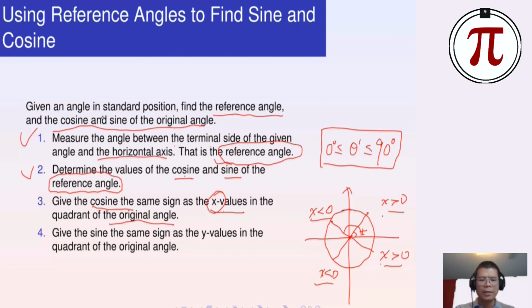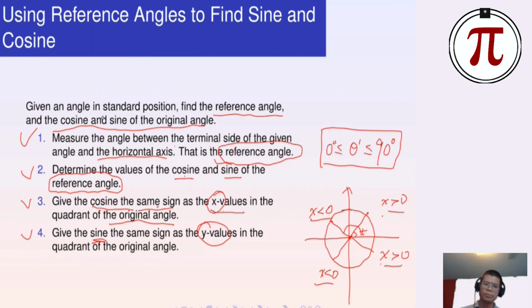That's why we give the cosine the same sign as the x value. Now in step 4, give the sine the same sign as the y value. The y values in the first and second quadrants are positive, and in the third and fourth they are negative. So basically, that's how we do it. Step 1 is to find the reference angle, between 0 and 90.